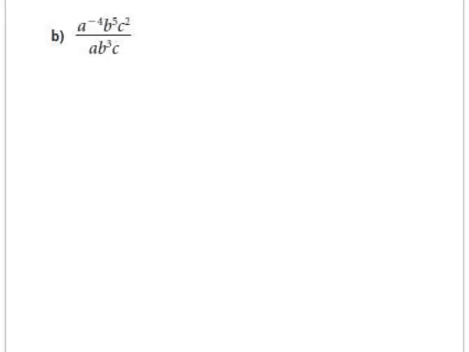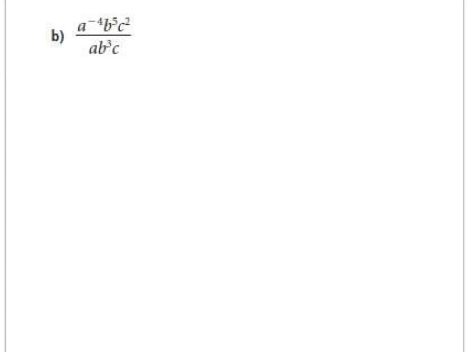The next one is a exponent negative 4, b exponent 5, c exponent 2 divided by a, b exponent 3 times c. Just remember, we want to evaluate it for a equal to 1, b equal to negative 2, and c equal to 3. So I'm going to do the same way. I'm going to simplify first and then evaluate.